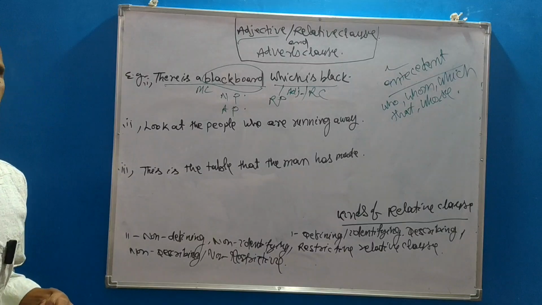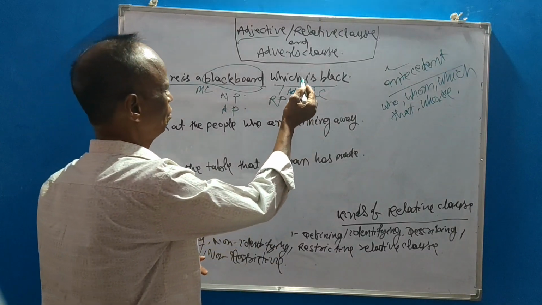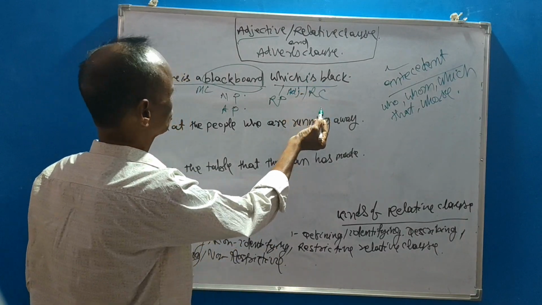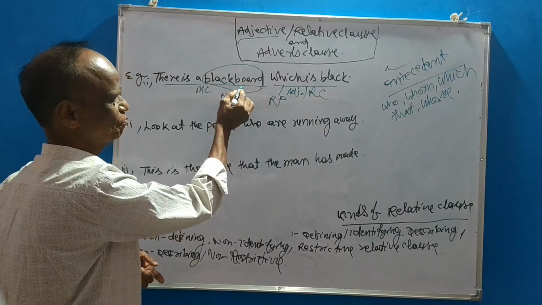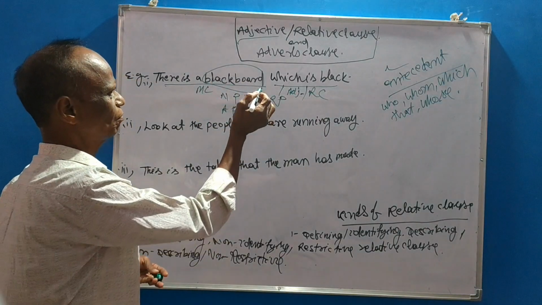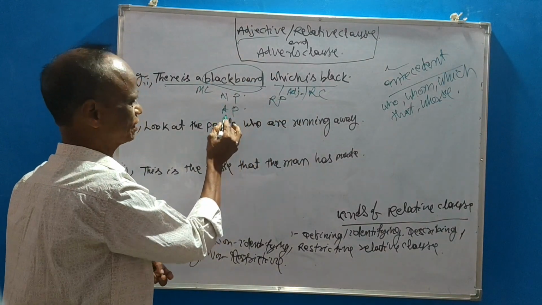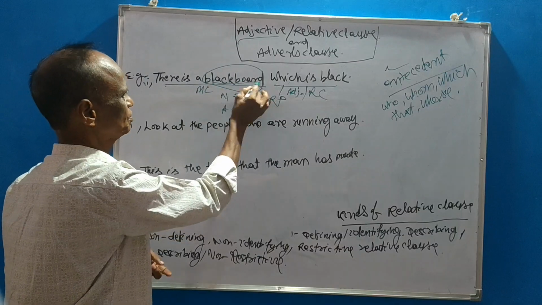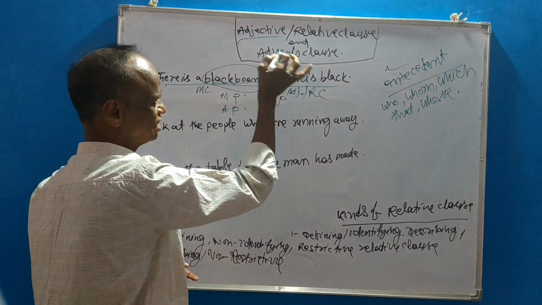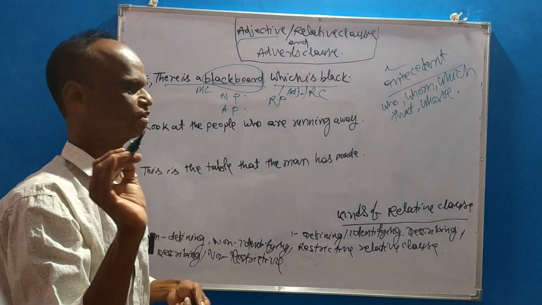Okay. So the adjective clause modifies the noun phrase blackboard, and the relative clause modifies the antecedent part, that is blackboard. So it is an adjective clause and also a relative clause.